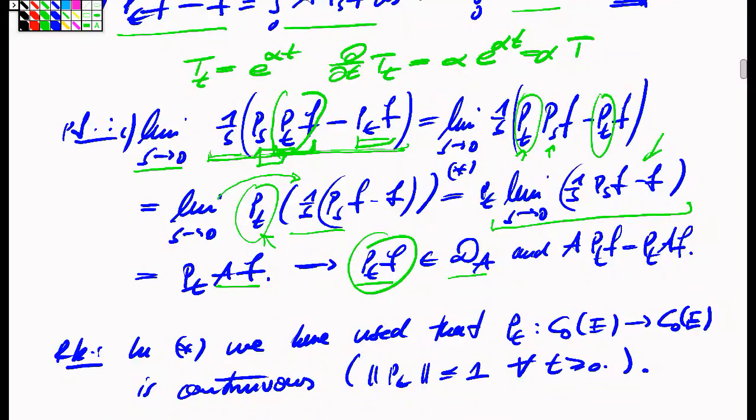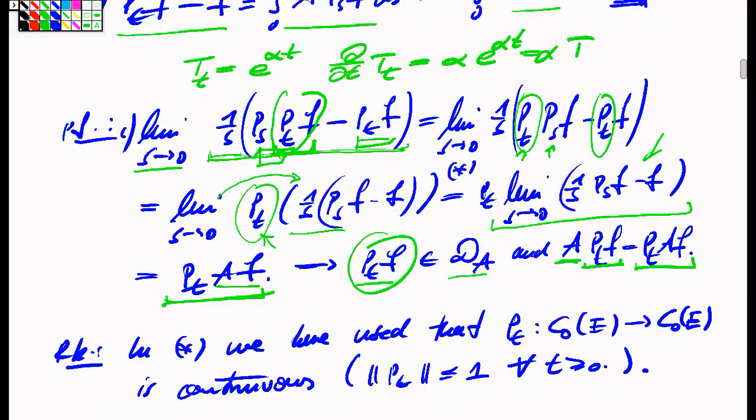And I have already also seen that the actual value of the limit of this difference quotient approximation exists, and I have computed this limit, which is exactly PtAf, which is nothing else but saying that A applied to PtF is in fact that thing which I had just computed, namely Pt times Af.